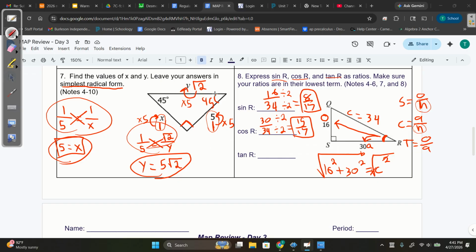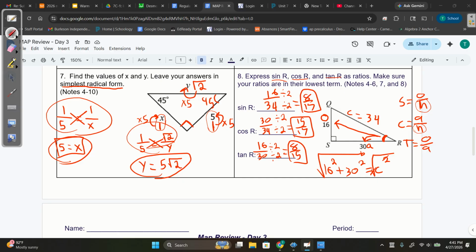And finally, tangent. Tangent is opposite over adjacent. 16 over 30. Again, this can be reduced because they're even on top and bottom, so we divide top and bottom by 2 and get 8/15. Once we find out what C is, it's as simple as labeling the sides and plugging it into their formulas.